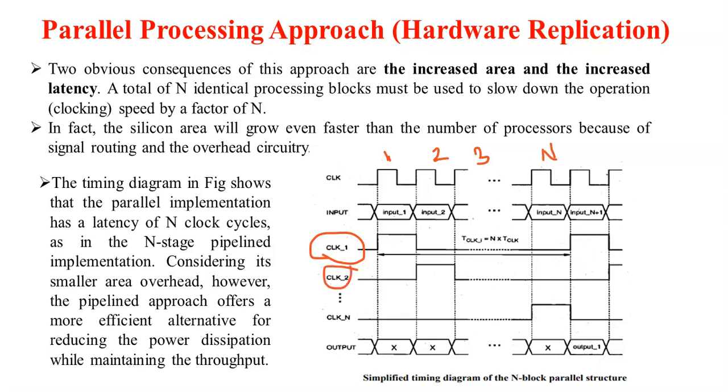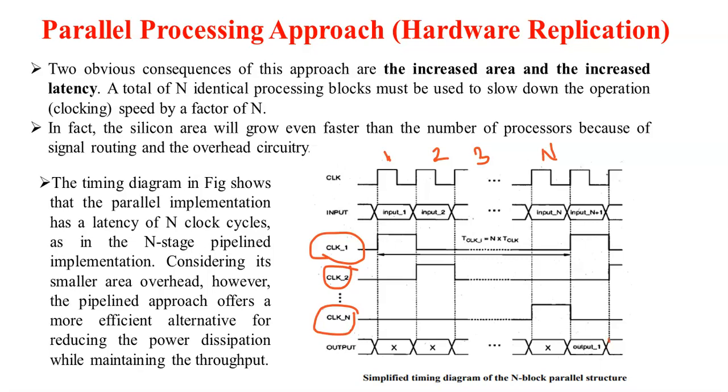At clock 2, the second input is loaded to the second logic function. In a similar manner, input n is loaded to the nth logic block at clock n.